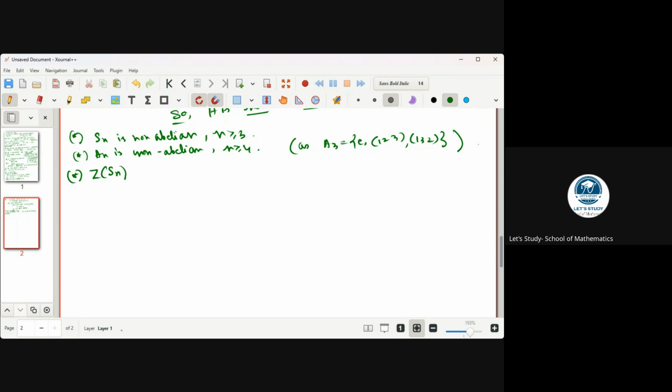Yes, and An is a subgroup of Sn, right? But a subgroup of a non-abelian group may not be non-abelian, right? If you see the proof that Sn is non-abelian, and the construction of our case, what we have constructed.